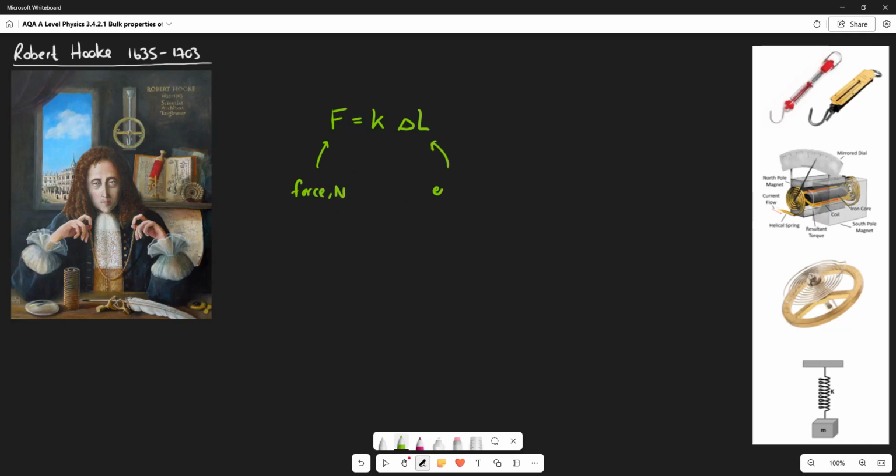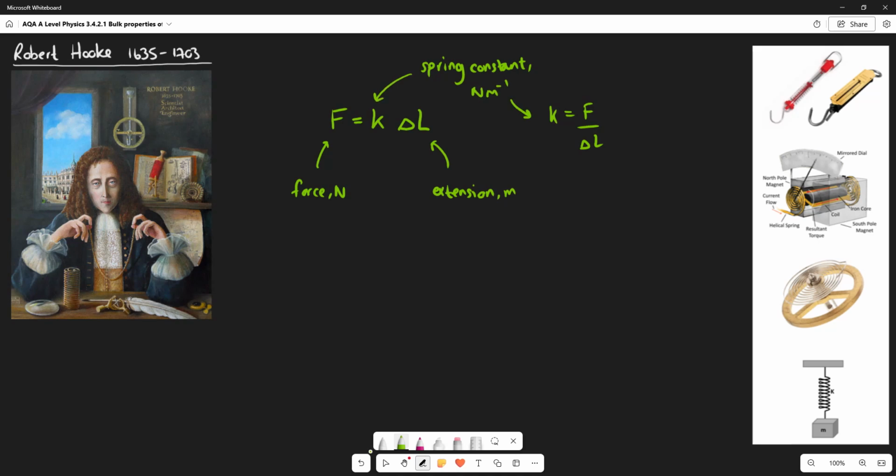The extension, or change in length, is measured in meters. And if we rearrange the equation, we can see that the constant of proportionality, called the spring constant, is going to be measured in newtons per meter.